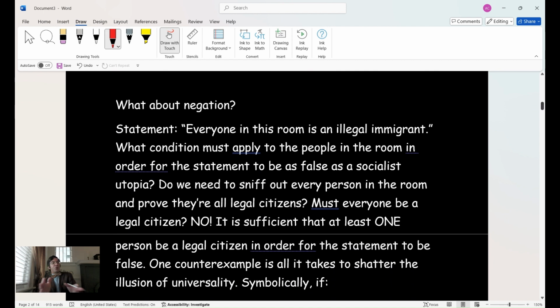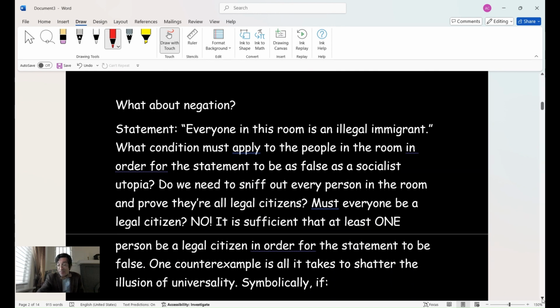Do we need to sniff out every person in the room and prove that they are all legal citizens? Must everyone be a legal citizen? No. It is sufficient that at least one person be a legal citizen in order for the statement to be false. And one counterexample is all it takes to shatter the illusion of universality.